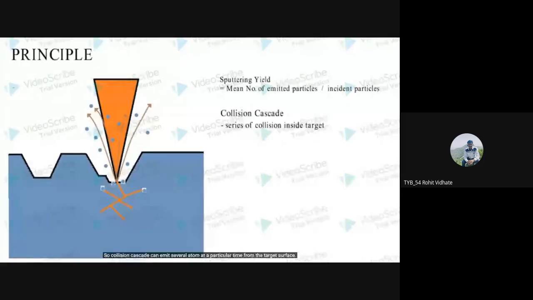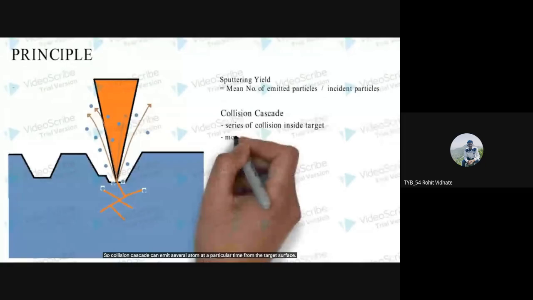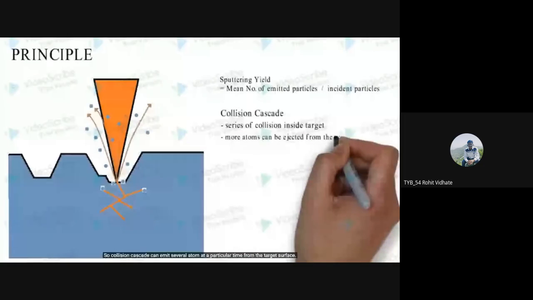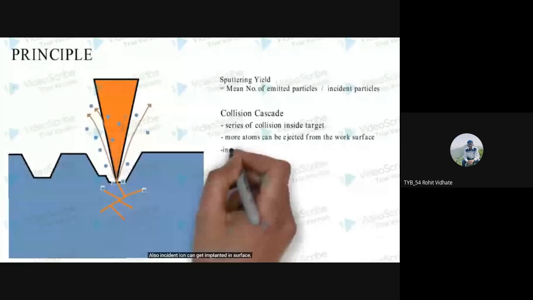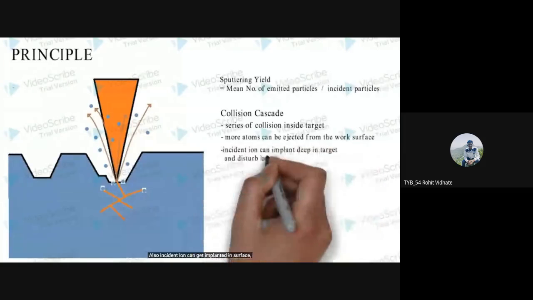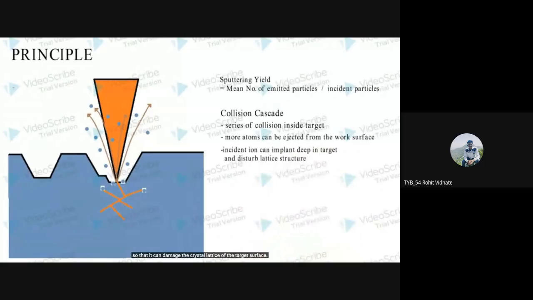So collision cascade can emit several atoms at a particular time from the target surface. And also the incident ion can get implanted in the surface so that it can damage the crystal lattice of the target surface. The cascading effect can be accelerated by using a higher energy incident ion. Cascading effect is accelerated when a higher material removal rate is needed from ion milling, and though it causes some surface damage, it still yields a higher sputter yield.